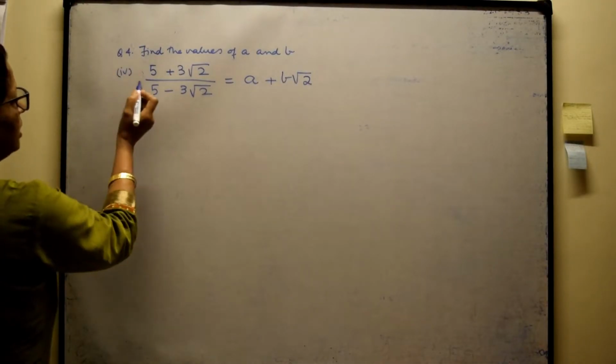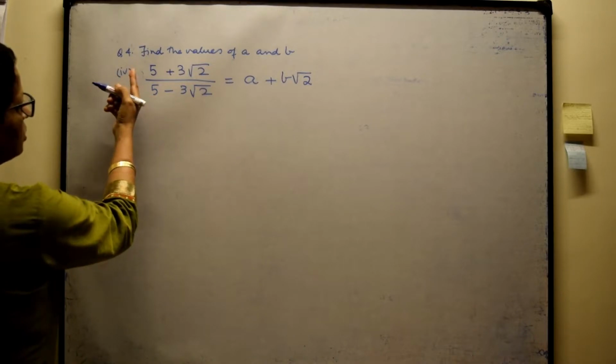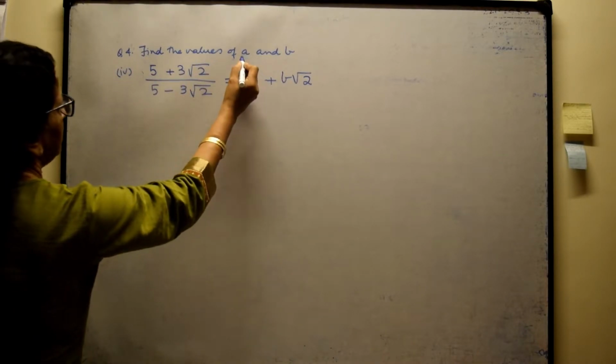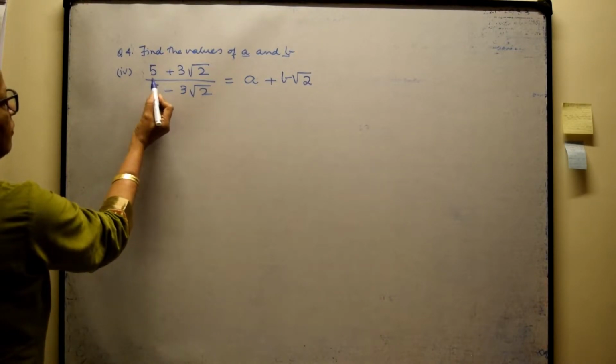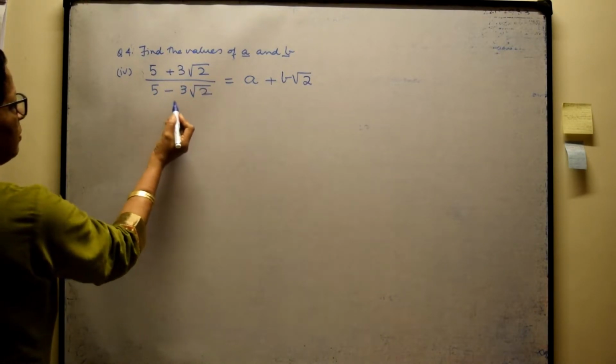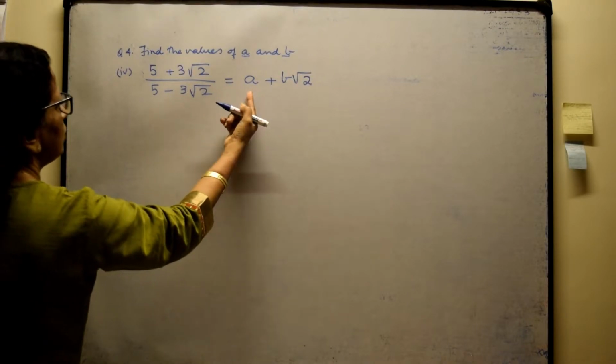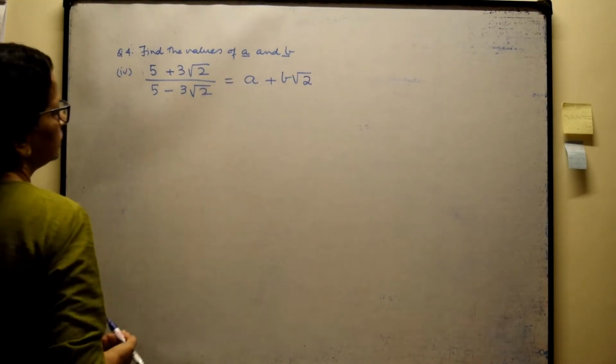Now we come to another type in which they ask you to find the values of a and b, and the question looks like this: 5 plus 3 root 2 upon 5 minus 3 root 2 is equal to a plus b root 2.